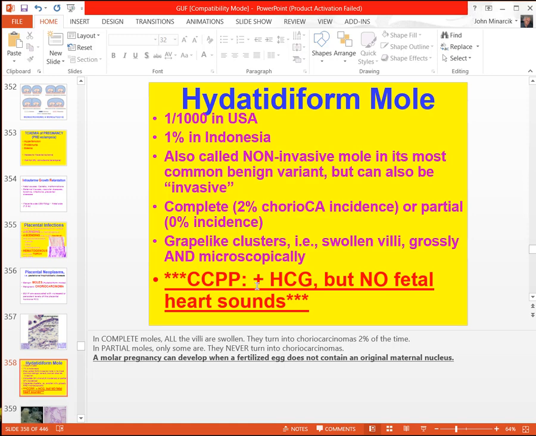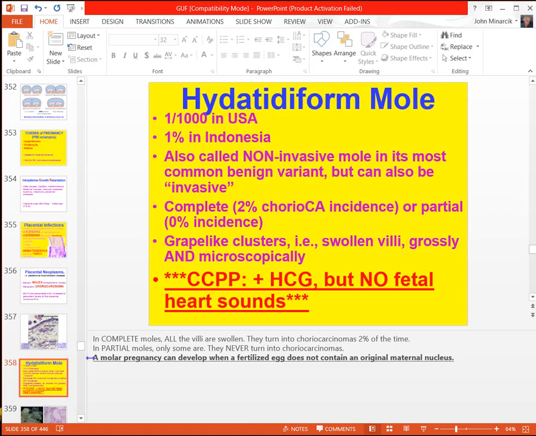But because moles are not associated with viable pregnancies, you think the woman's pregnant, positive pregnancy test, but no fetal heart sounds. That's a clinical factoid that you should know. And also, we might have mentioned pathologically that when a fertilized egg does not have its original maternal nucleus, that's present in many moles. I'm not going to say all of them, but it's a well-known fact.